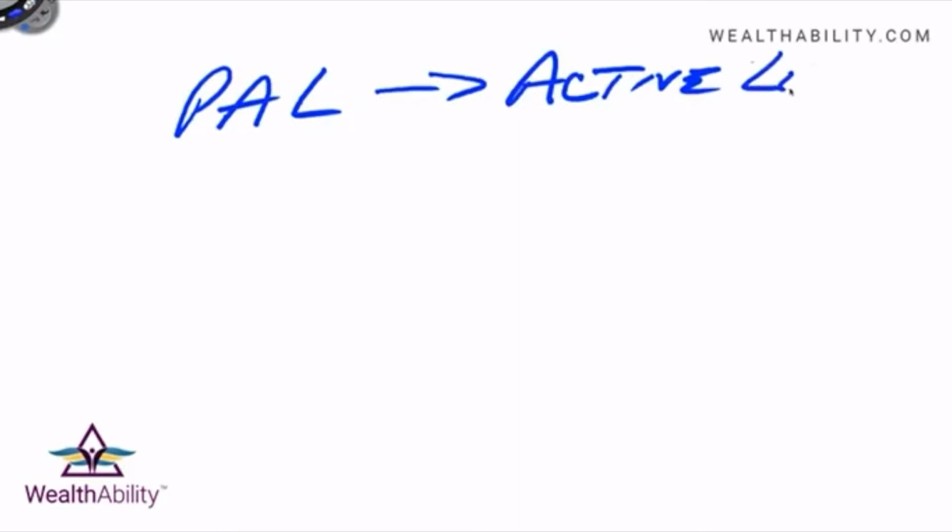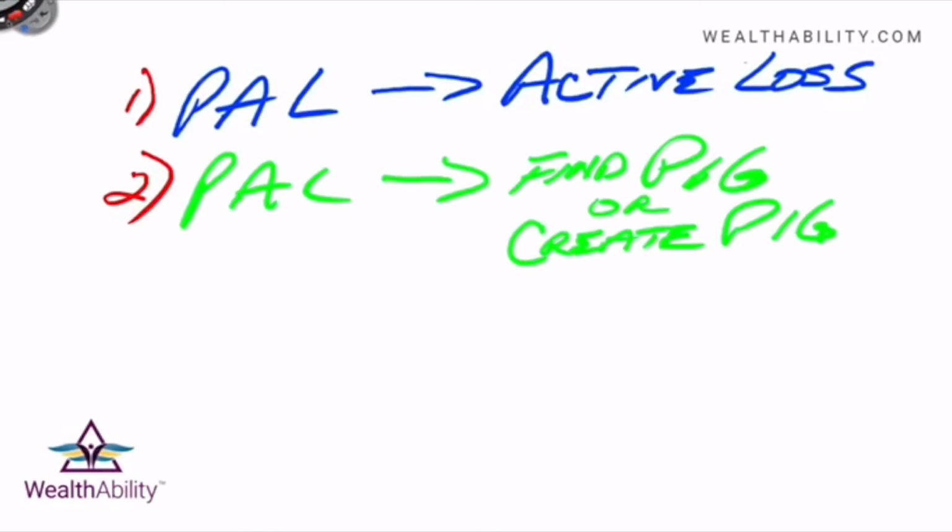So I can turn it into an active loss. That would be one thing that, logically, I could do to take advantage of that loss. If I could change the nature of it from passive to active, I convert the passive activity loss to an active loss. And we have two possibilities of doing that.